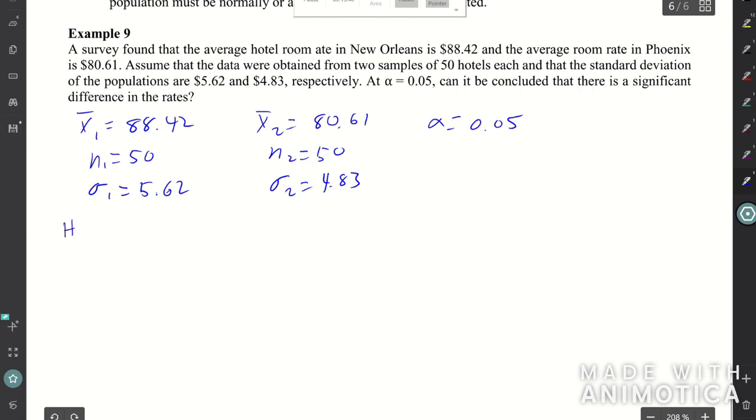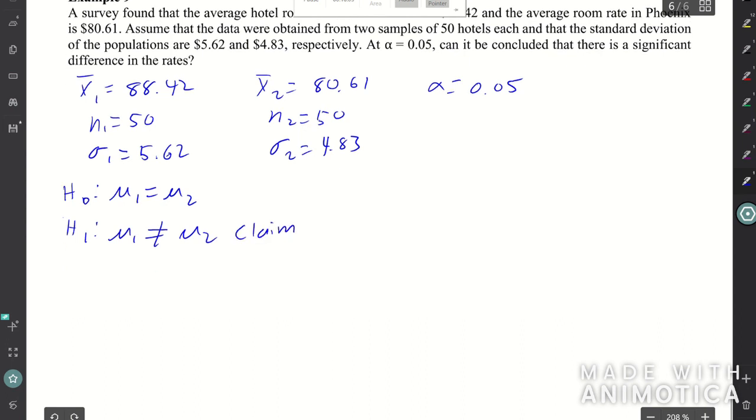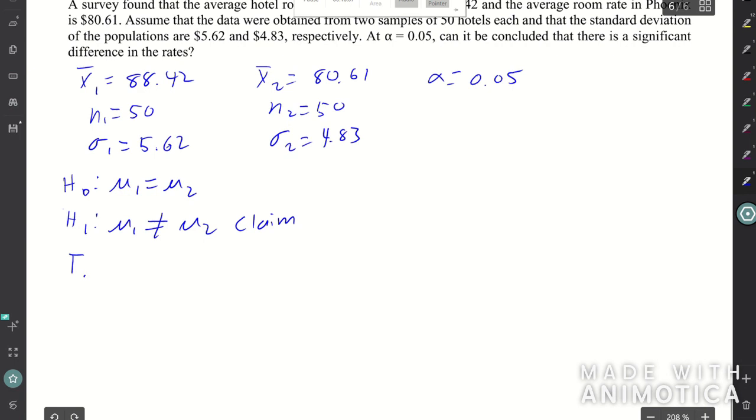Now we are testing for a difference, and just like when we did it for t-distributions, we're looking at the mean of the first equal to the mean of the second, or the mean of the first, in this case, not equal to the mean of the second, because we are looking for that difference. We'll find our test statistic.